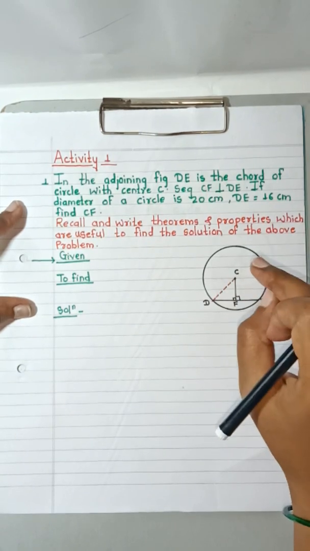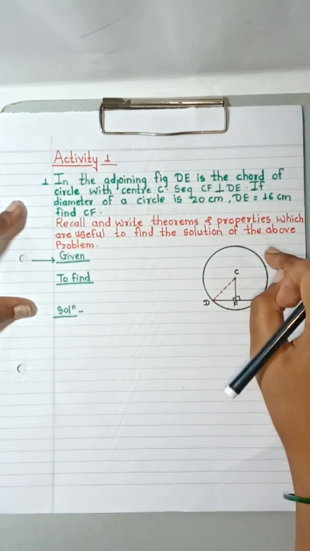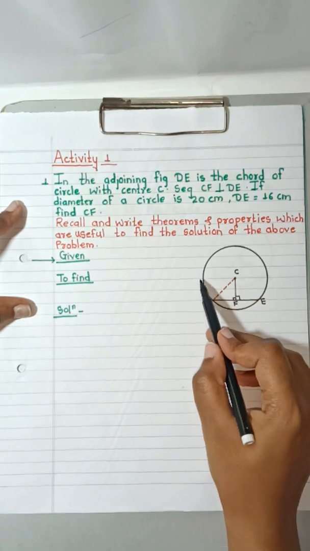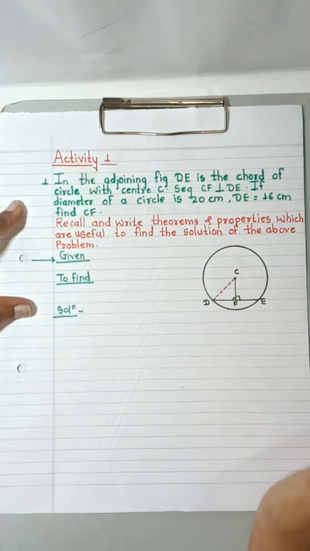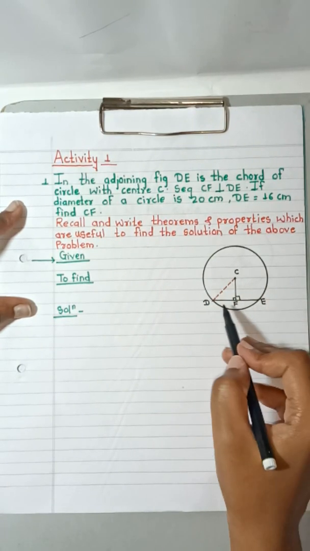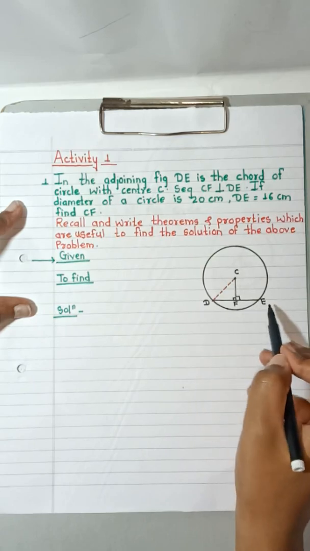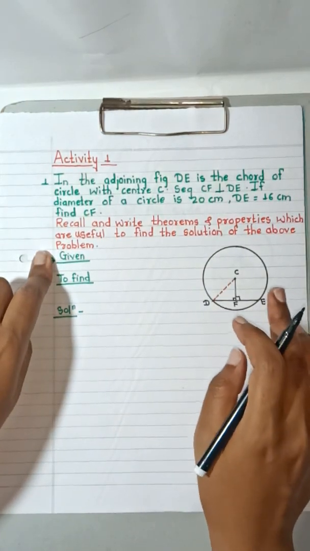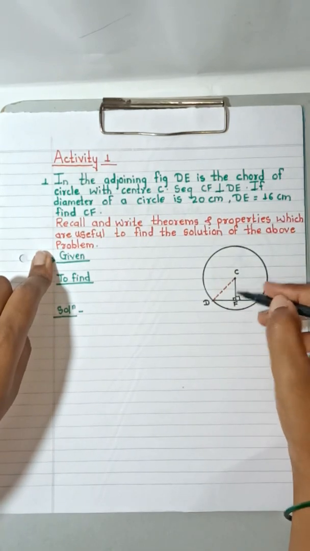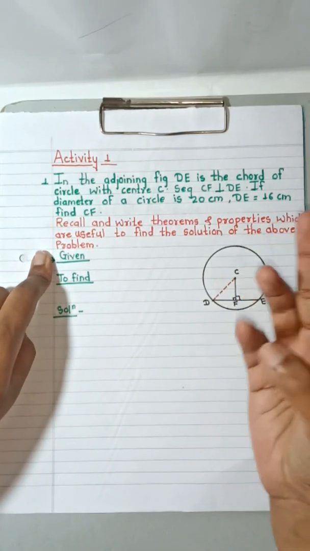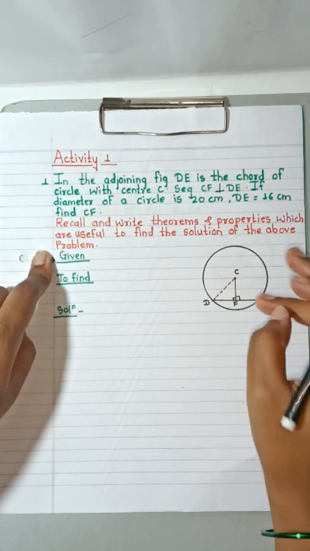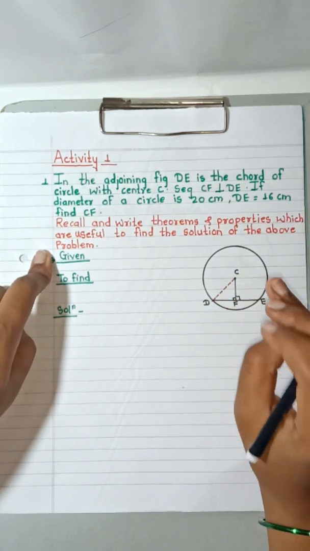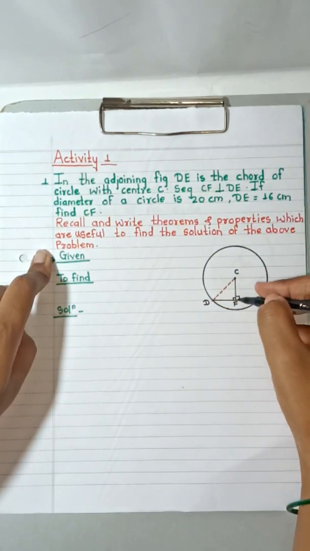If the diameter of the circle is 20 centimeters and this DE is 16 centimeters, you have to find CF. What they have given is that the diameter is 20 centimeters, and the length of the chord is 16 centimeters.